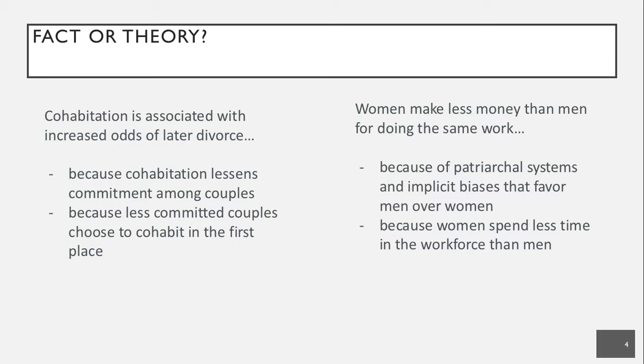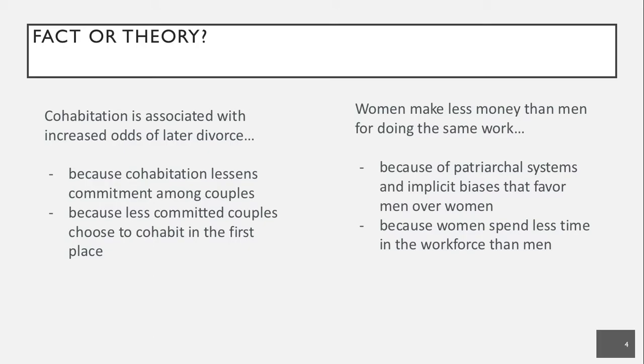Okay, let's do one more. So we have the fact: women make less money than men for doing the same work. So some theories about why that would be: because of patriarchal systems and implicit biases that favor men over women. Another theory could be because women spend less time in the workforce than men.